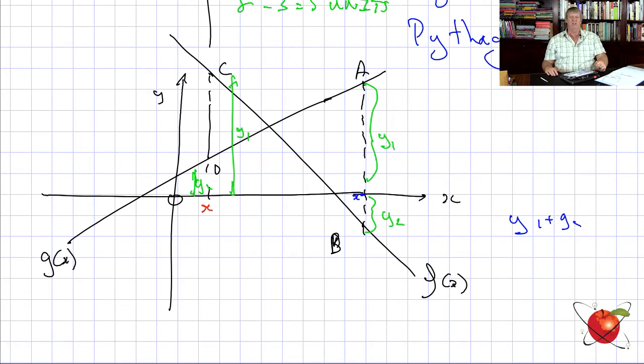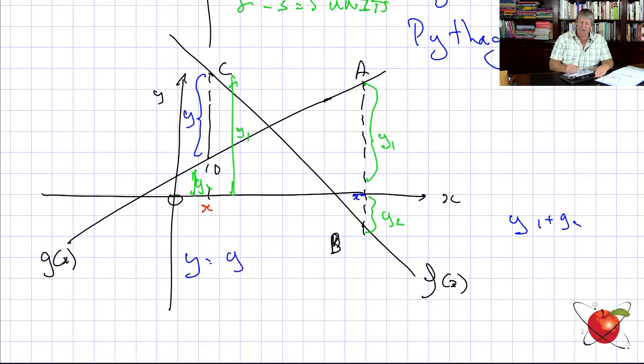You can say, hang on, I can work out that length and this length, and if I subtract them, I end up with the length that I actually want there. So in this case, y is going to be equal to y2 minus y1. Correct?